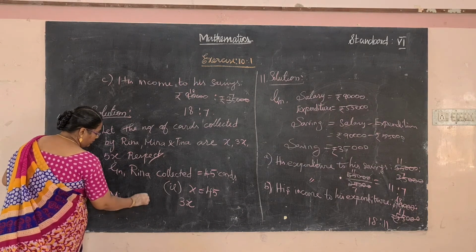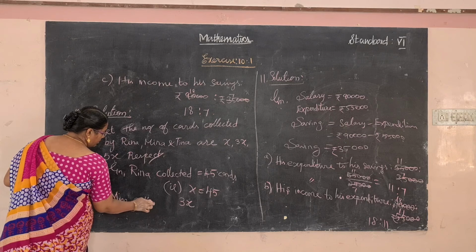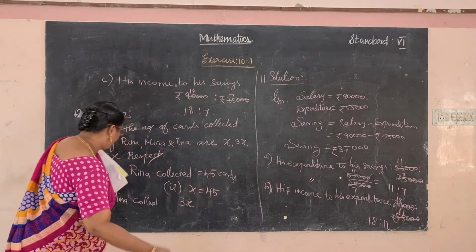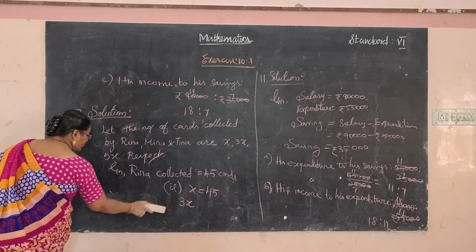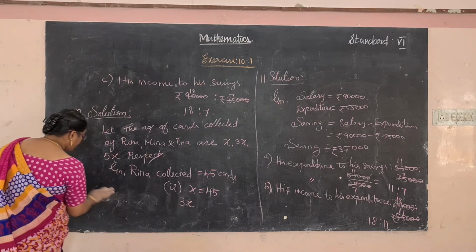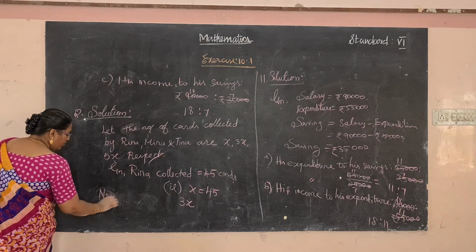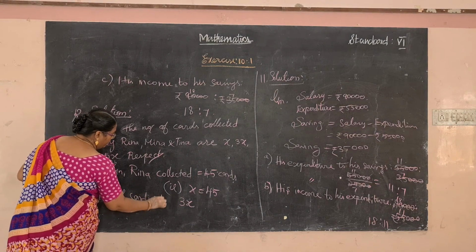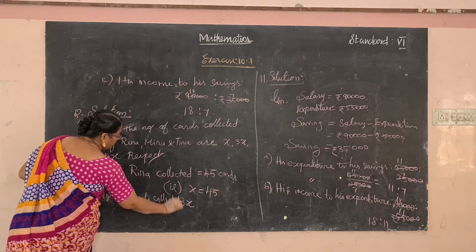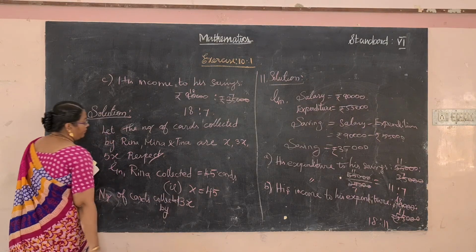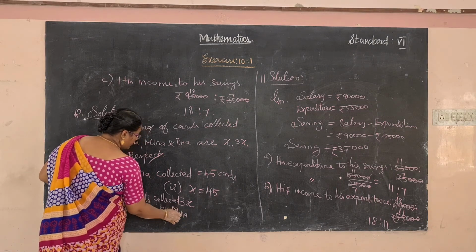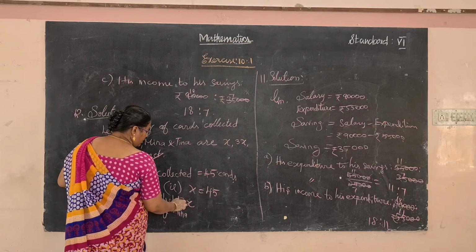The number of cards collected by Meena is equal to 3x.